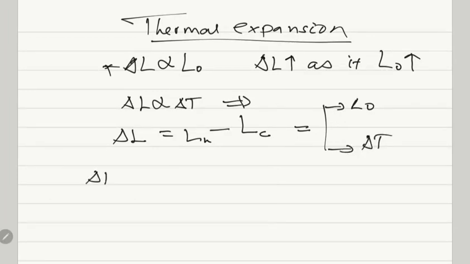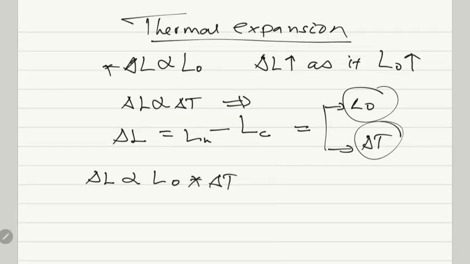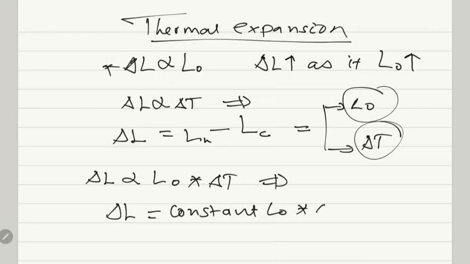Meaning, the change in length has to be proportional to the product of these two factors: the length at the colder temperature times the change in temperature. Therefore, this change in length is equal to a constant times the length at the colder temperature times the change in temperature.